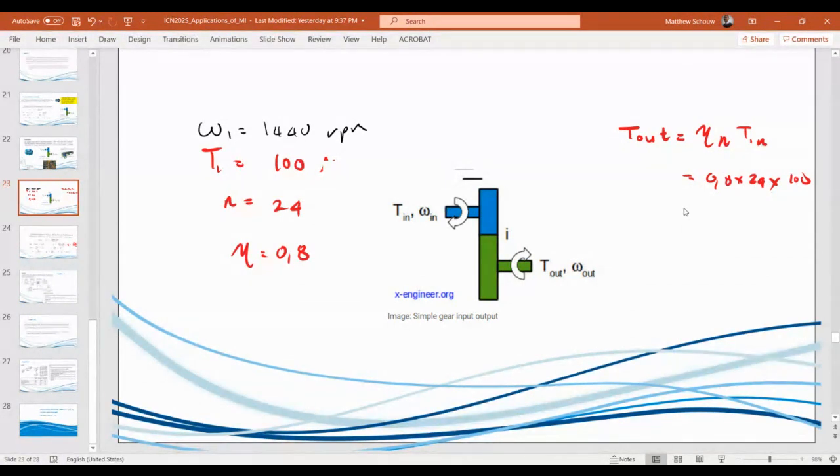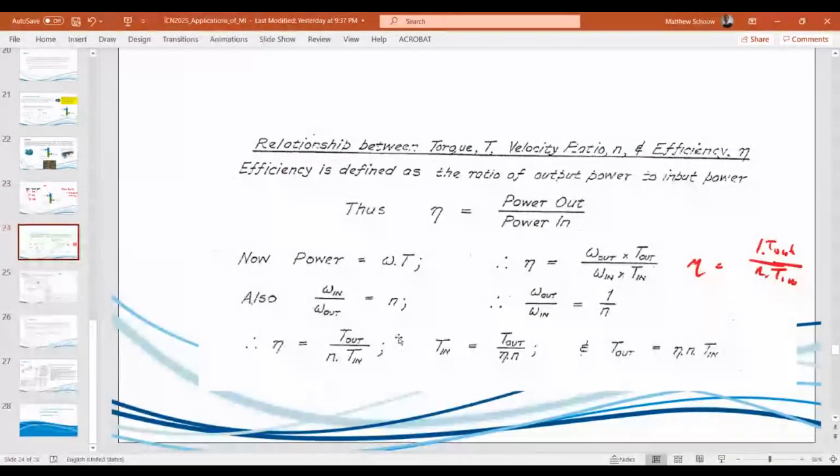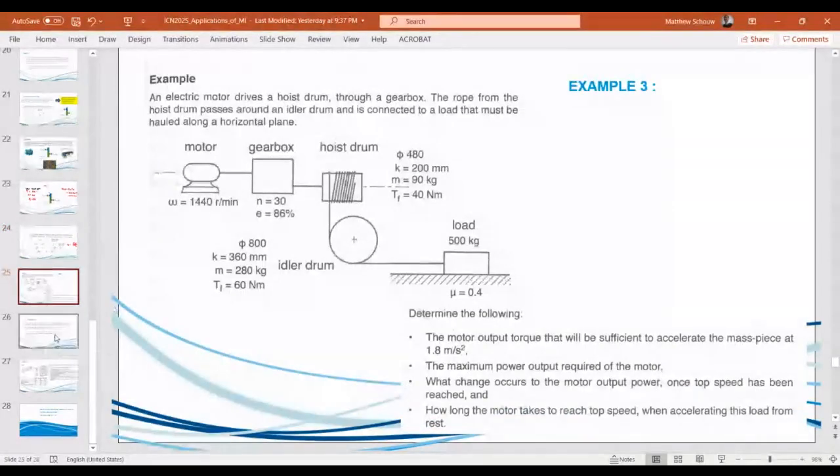So let's get that quickly. The torque out is 1920 Newton meters. What's next is, of course, your omega, which we need. And omega, if you remember that, it's a gear reduction system. So it'll be W in over W out, right?